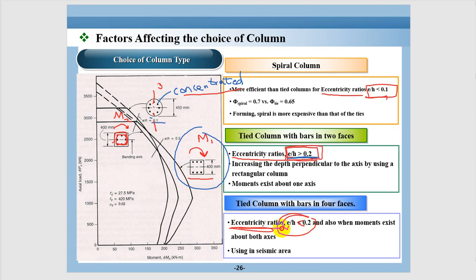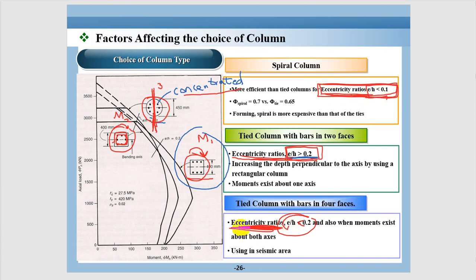Okay, so your eccentricity ratio represents how effectively you can resist moments. It depends on how you lay out your rebars. If you are laying out rebar with respect to the neutral axis, and you are concentrating your rebar with respect to the neutral axis, then the eccentricity ratio that your column can resist is very limited.